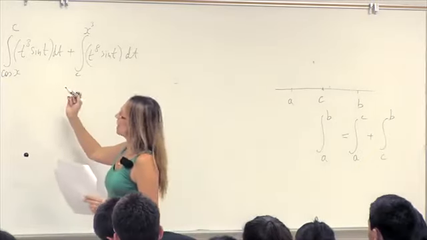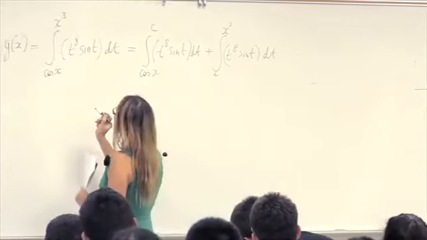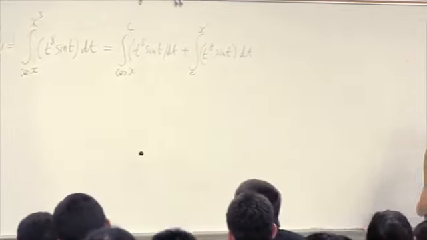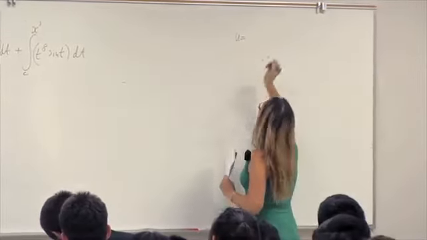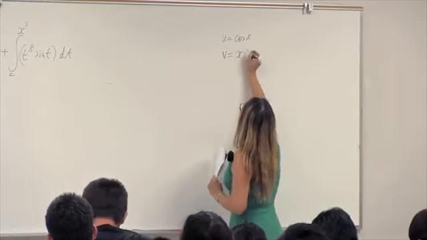Now, the hard bit, again, is that it's not x, but a function of x. So I have to come up with some intermediate functions. So let me define u to be cosine x, and v will be x cubed.